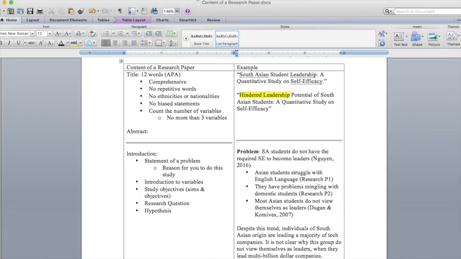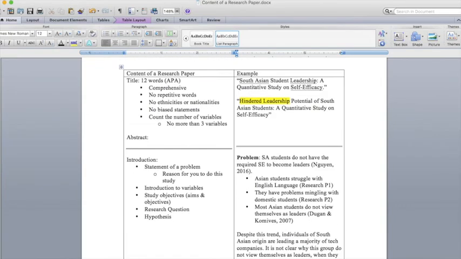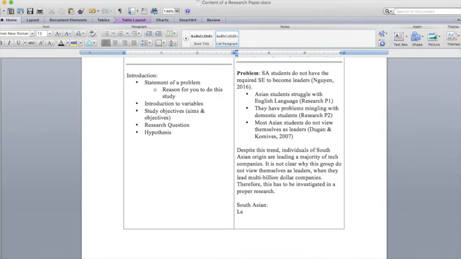So what are the variables? South Asian: what exactly is meant by South Asian? What is meant by leadership? What is meant by self-efficacy? Now you have to define each of these.